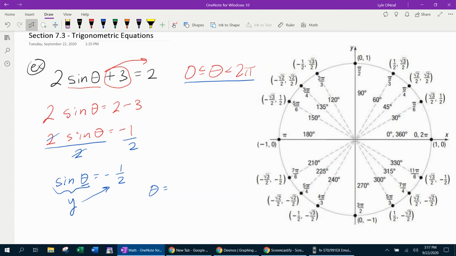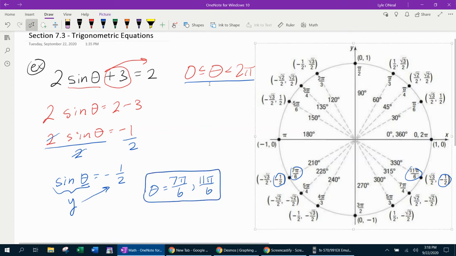So y-coordinate of negative half, that's going to be at 7 pi over 6 and 11 pi over 6. And those are the only two angles within the given restriction that produce a solution to this equation.